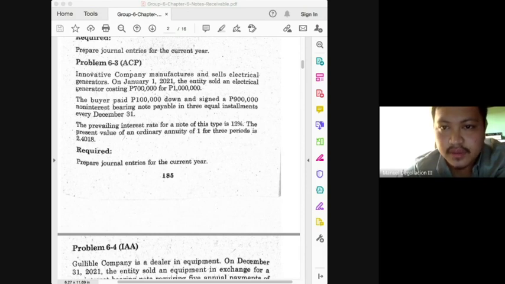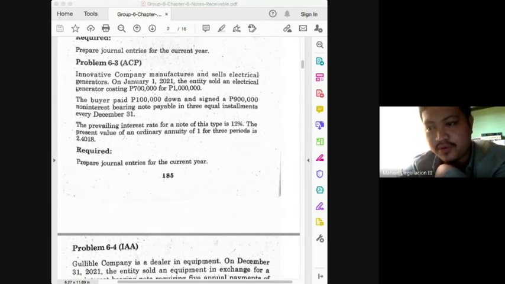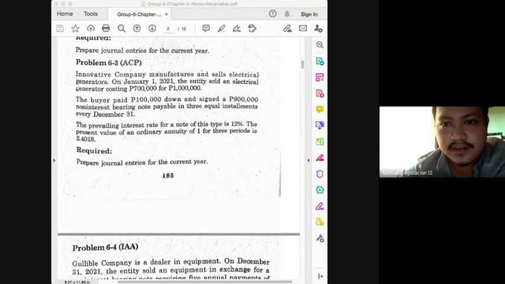Okay. But another common question, class, would be how much is the net balance or the net realizable value of your notes receivable as of December 31, 2021. Again, if you're looking for the net realizable value, or the amortized cost of your notes receivable, it would simply be the principal balance minus the principal payments.